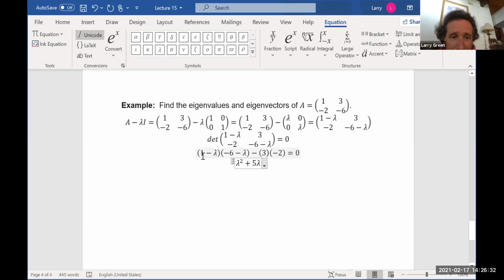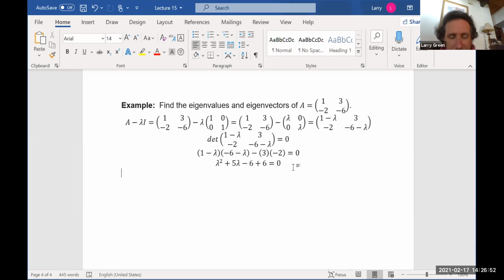And then we're going to have a minus 6, and then plus 6 equals 0. Any questions on that so far? Okay, next we can just basically simplify this.